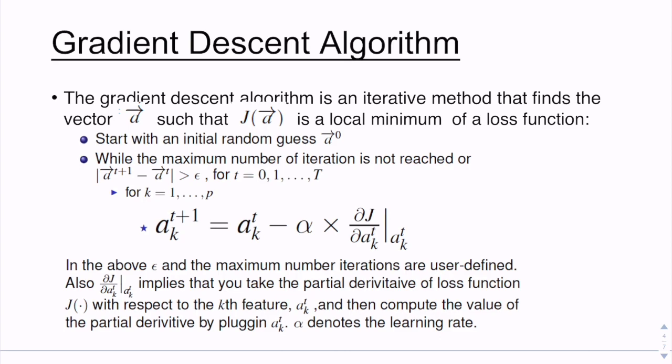Okay, so here we formally define the gradient descent algorithm. It is an iterative method. We basically start with a random guess for the parameter vector, and there is no guarantee that this random guess corresponds to the point that minimizes the loss function.